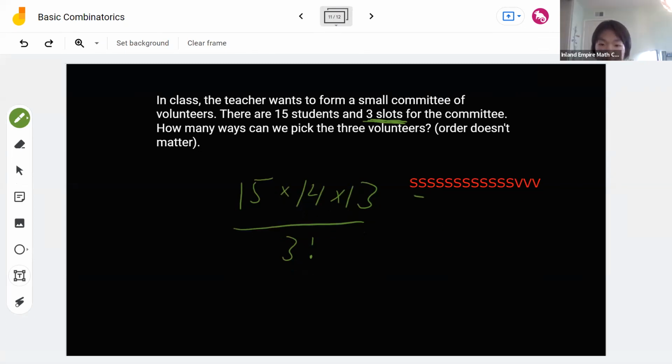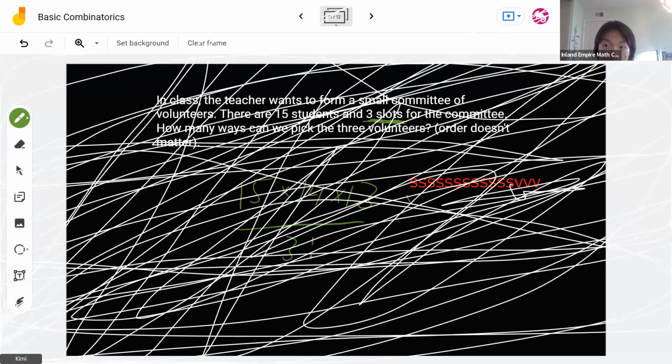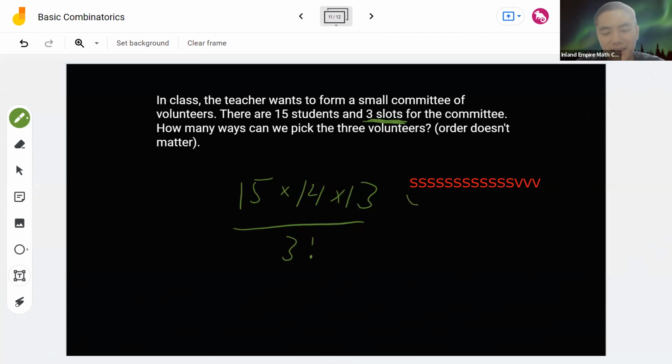But you notice how a bunch of them are S and some of them are V. Oh, well, actually, now that I think about it, this isn't really an adequate example because you would also have to divide by the 12 factorial. But what I was trying to convey is that basically it's like rearranging the number of orderings of a word, except you have to account for the overcounting, the ways that it's repeated, right?